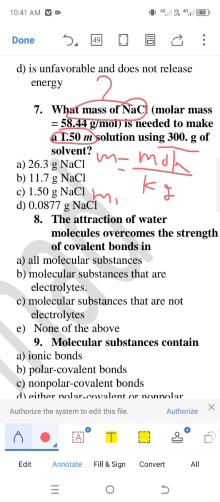So the mole is equal to the molality, 1.5, multiplied by 0.3 kilograms, because we have to divide by 1000. So you'll get the mole, and multiply this by the molar mass, 58.44, you'll get the mass.